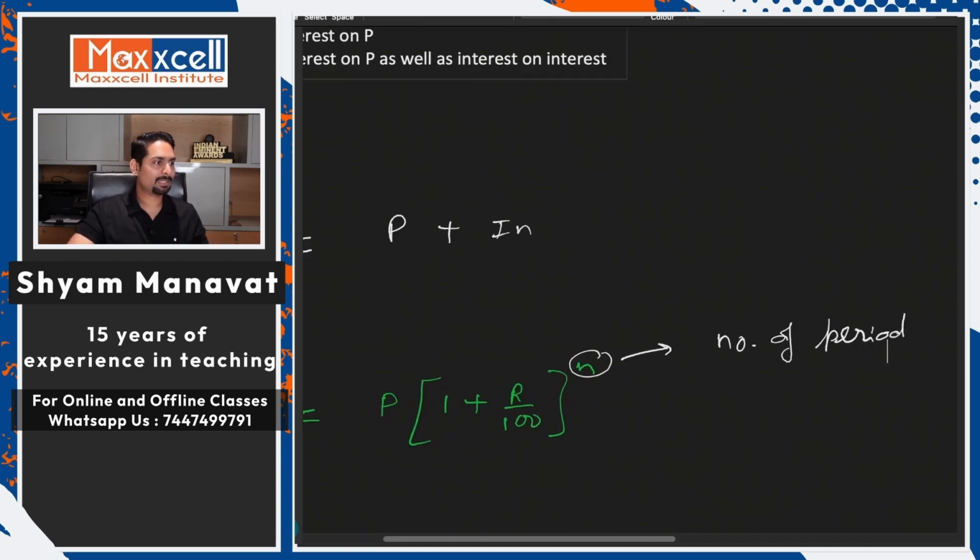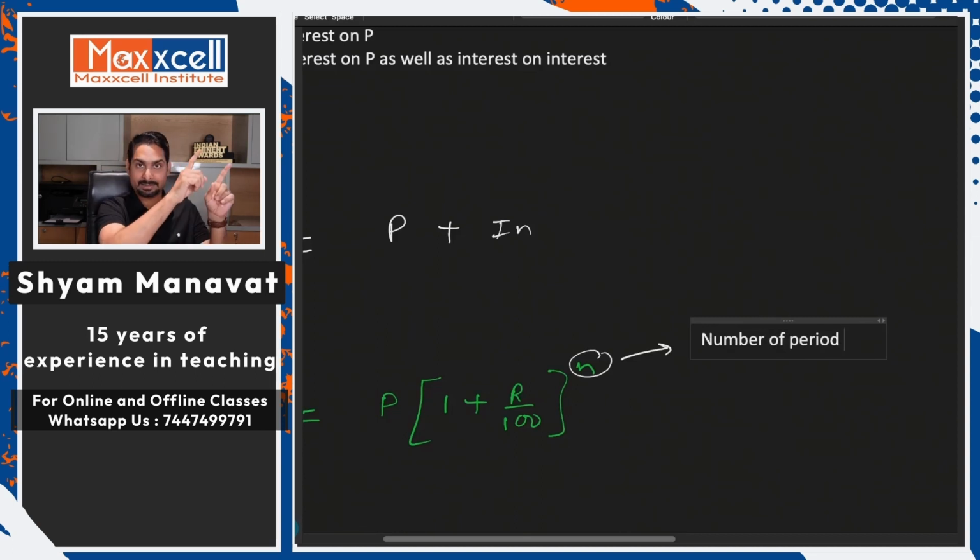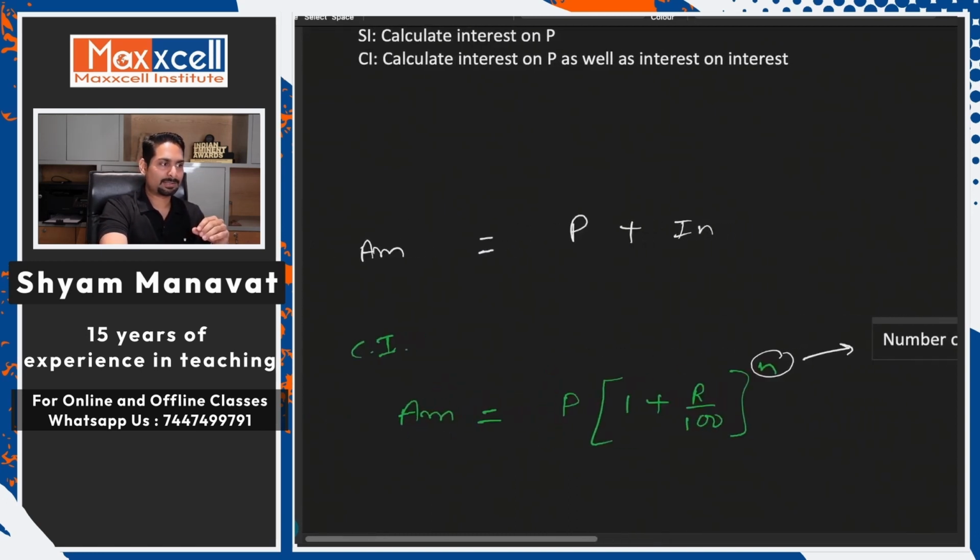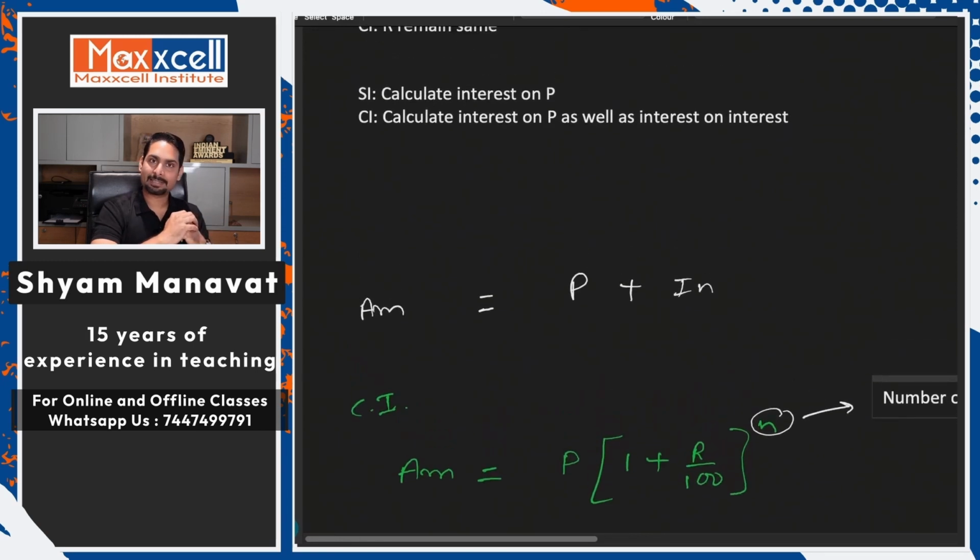Not time exactly, but number of periods. We are going to learn this in the coming lectures: how is the T in simple interest different from the n in compound interest. I have a lot to teach and discuss, but in today's lecture, let's keep it only this much.